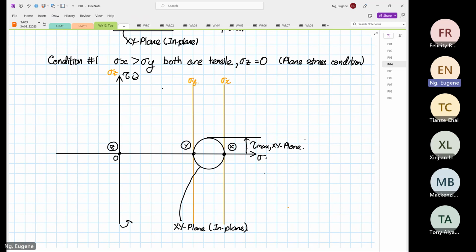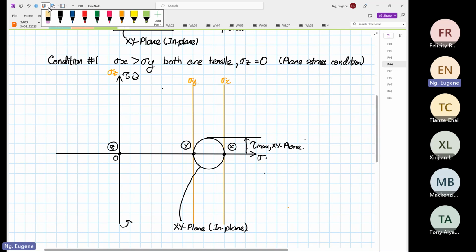Right. So now if we join the YZ points, I'm going to use a different color now.